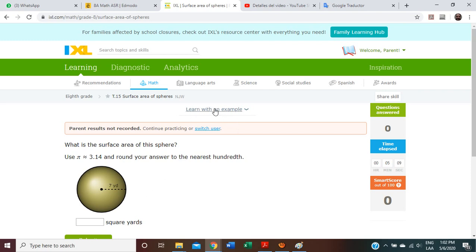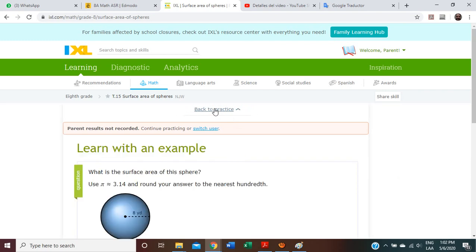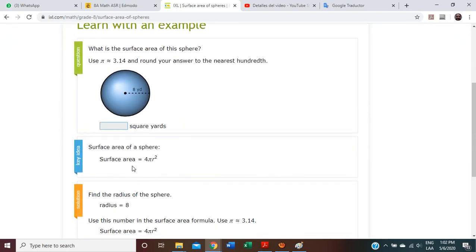I am going to learn with an example so you can see the formula, and the formula is right here. Surface area equals 4 times pi times r elevated to the power of 2.